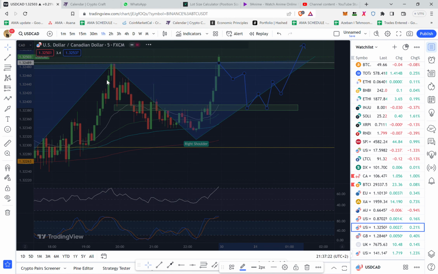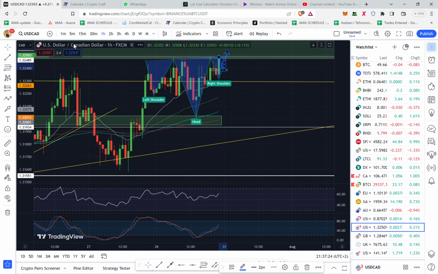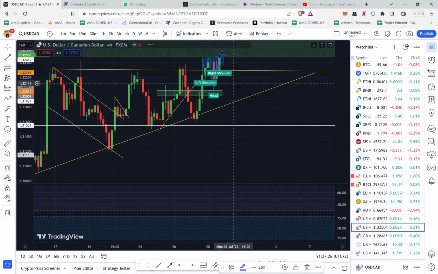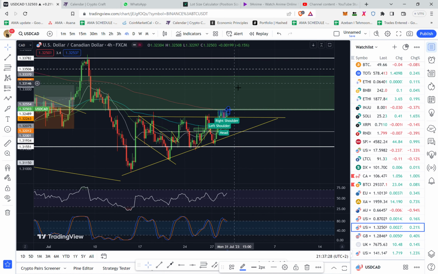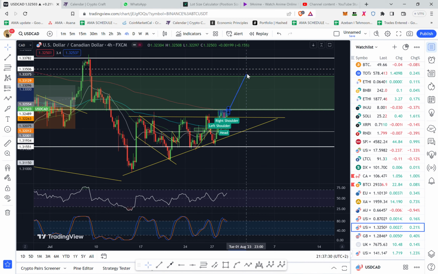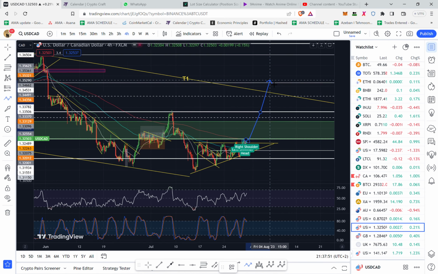Target 1 being this level right here, 1.33756, and then getting a nice retracement from there before heading up higher, even higher.